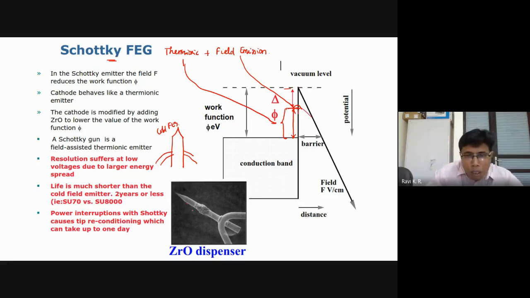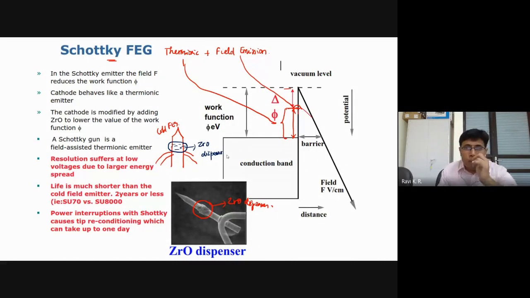This part is almost similar, but there is something else sitting on this surface: a zirconium oxide dispenser. The concept is the same, and you have additionally the ZrO dispenser.